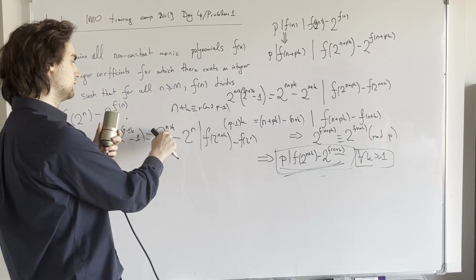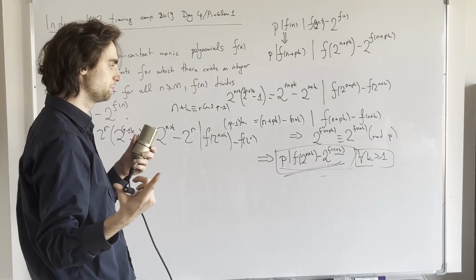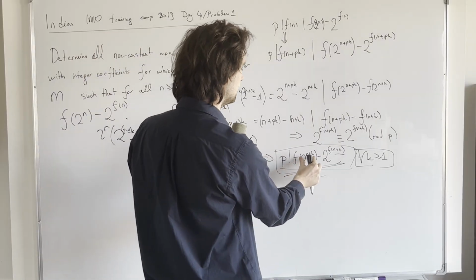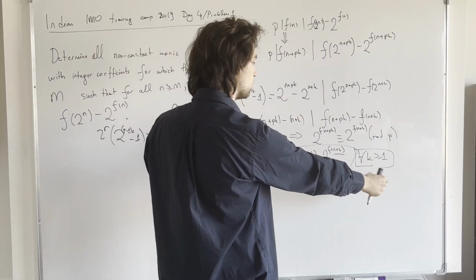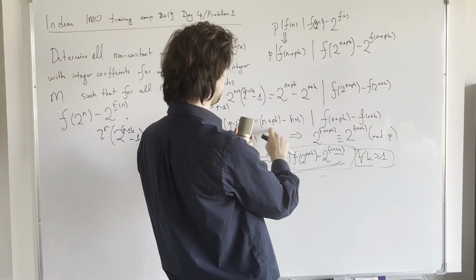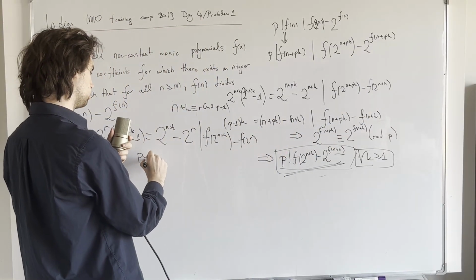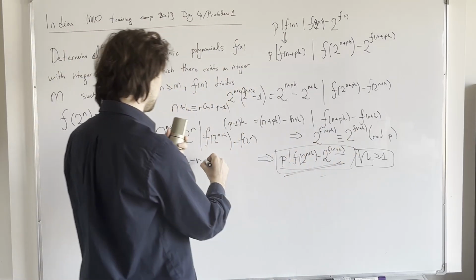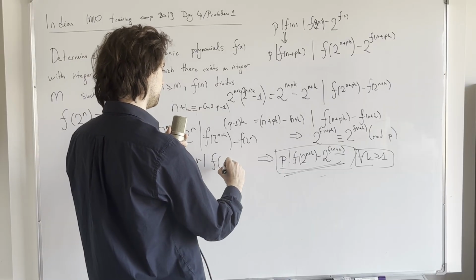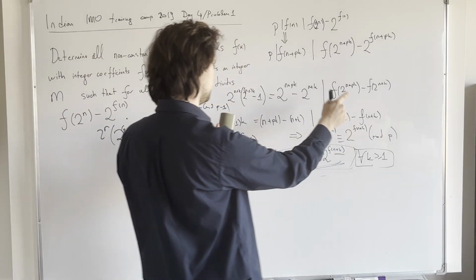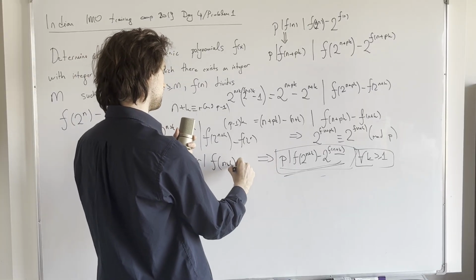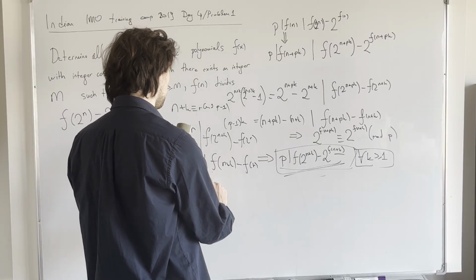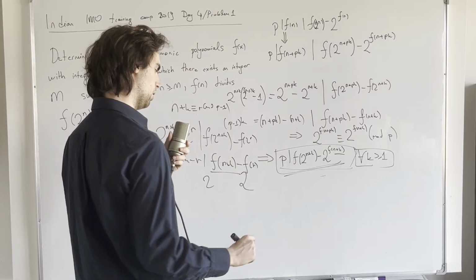And that is because this minus this is divisible by p minus 1. And now that's how we'll get f of 2 to the r, that p divides f of 2 to the r minus this. On the other hand, we'll get the same thing we got here, p minus 1 times c is equal to n plus k minus r. And from there we get this thing divides f of n plus k minus f of r. And so we get that 2 to the power of this is congruent to 2 to the power of this modulo p.